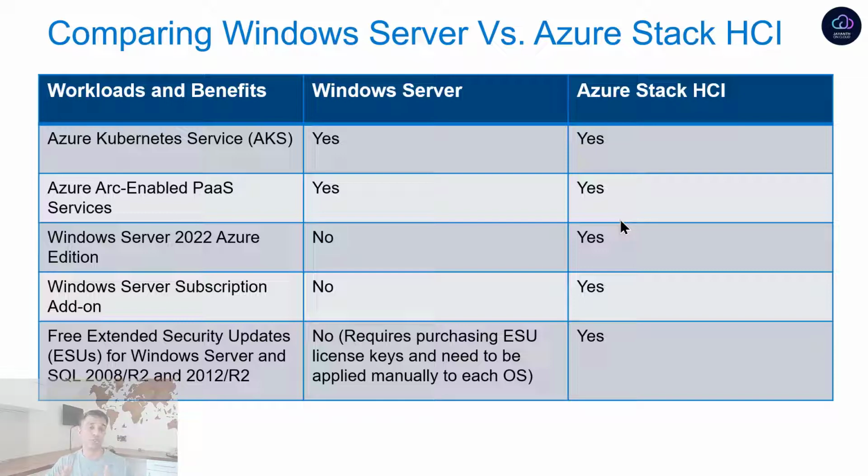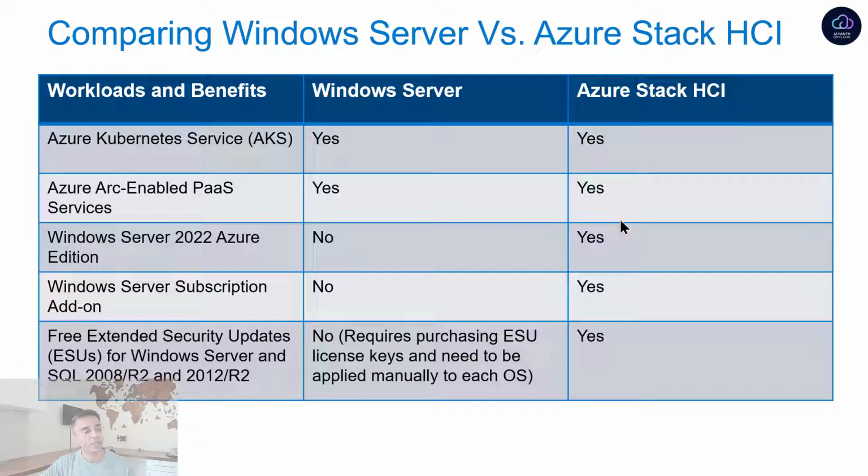This is a feature which helps customers to stretch their on-premises subnet into Azure to let the on-premises virtual machines retain their original on-premises private IP addresses when migrating to public Azure, right? So some of these features are exclusively available only for the Windows Server 2022 Azure Edition.